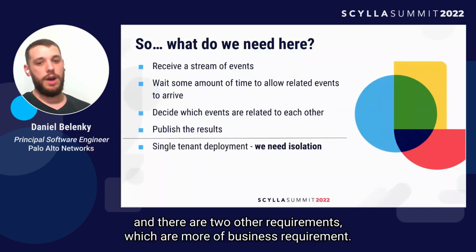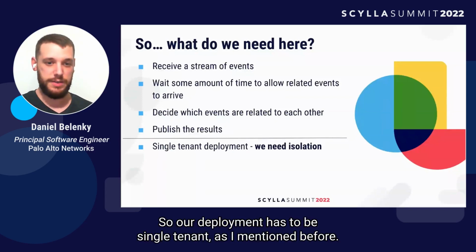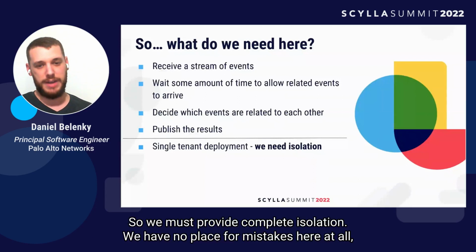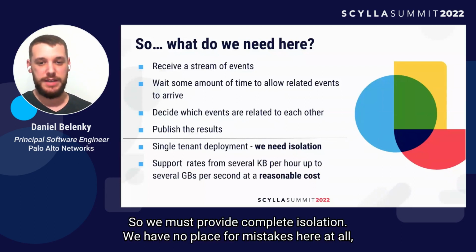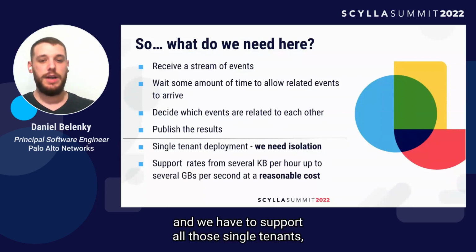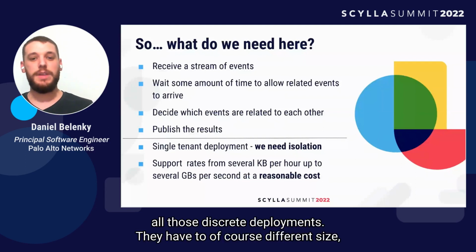And there are two other requirements which are more of a business requirement. So our deployment has to be single tenant, as I mentioned before. So we must provide complete isolation. We have no place for mistakes here at all. And we have to support all those single tenants, all those discrete deployments.